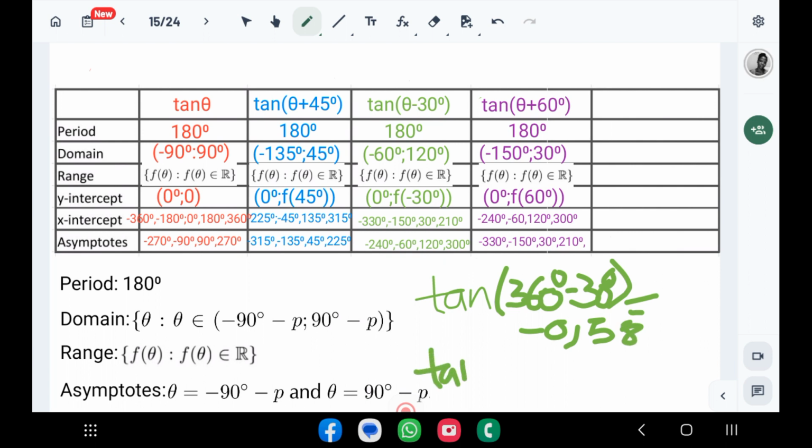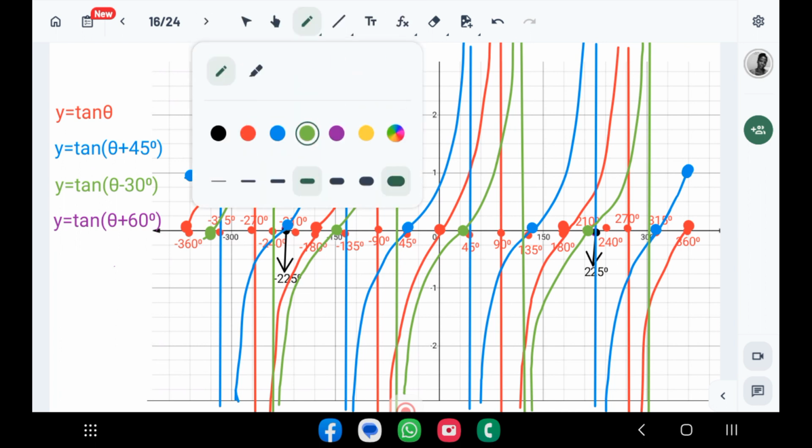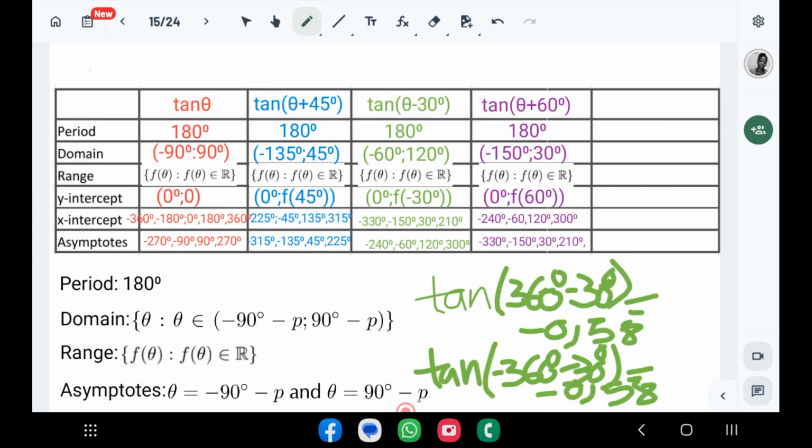Next one, also tan of (negative 360 minus 30). That gives us tan of (negative 360 minus 30), which equals negative square root of 3 over 3, which when we press the S to D button also gives us negative 0,58. So they both have the same y-intercept, negative 0,58.